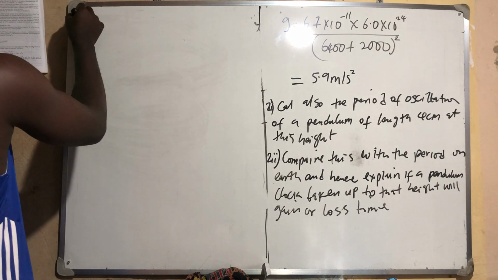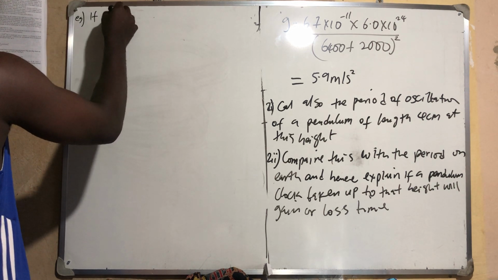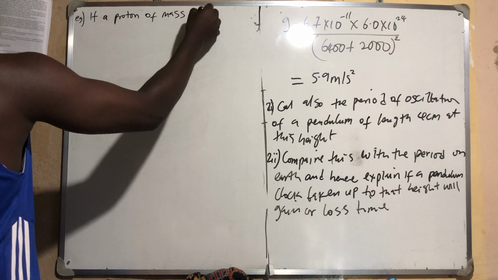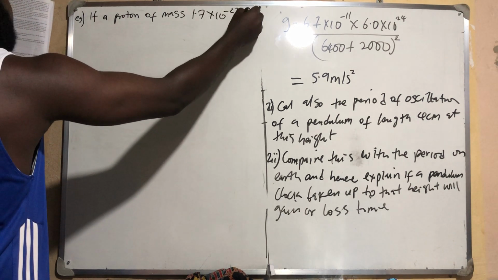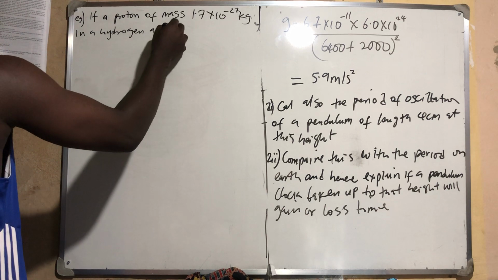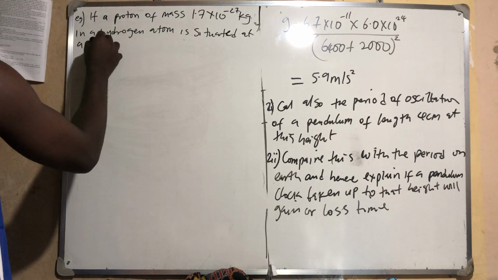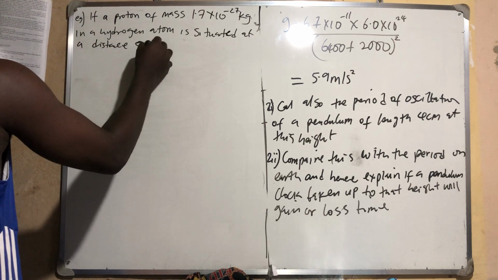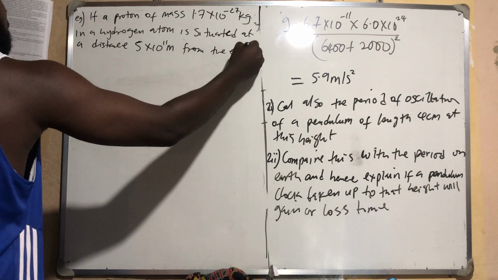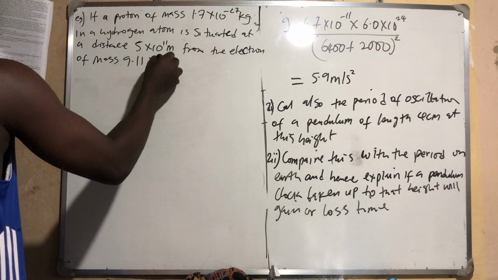They said, if a proton of mass 1.7 times 10 raised to power minus 27 kg, in a hydrogen atom, is situated at a distance 5 times 10 raised to power 11 meter from the electron, electron of mass 9.11 times 10 raised to power minus 31.